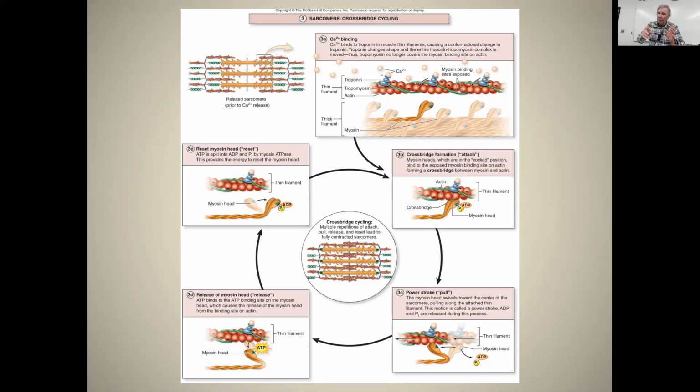That's the role of ATP, and this will keep on going. This recycling of attaching, going to power stroke, detaching, recocking is called cross bridge recycling, and this goes around and around, and all of these gazillions of cross bridge cycles cause the sarcomere to shorten and the filaments to slide by one another.